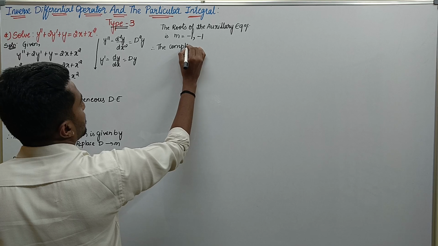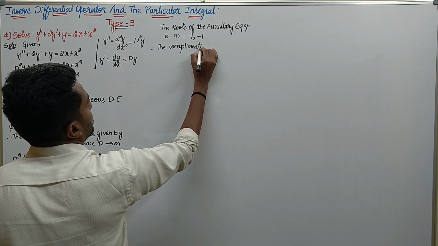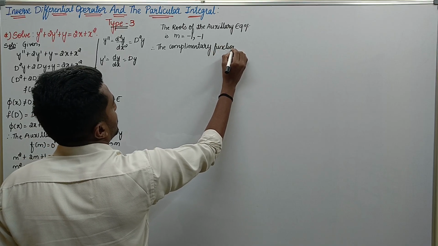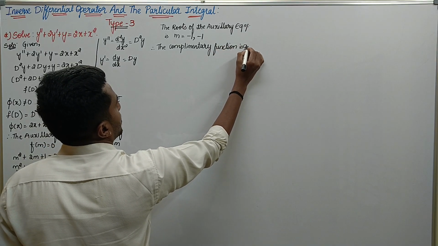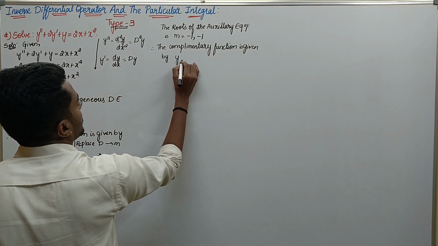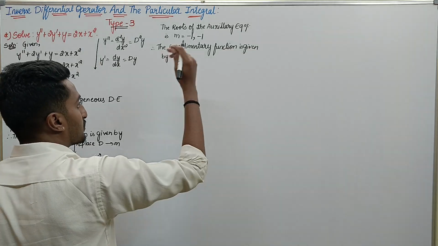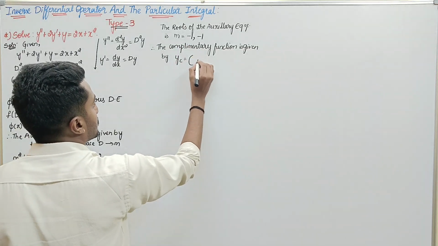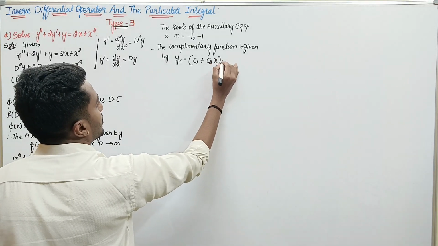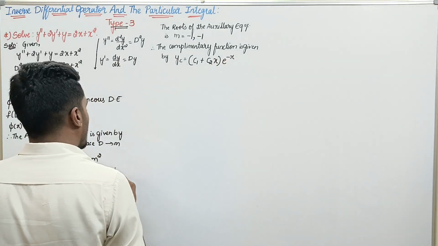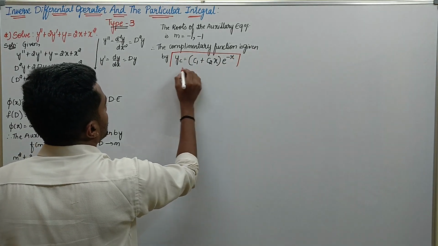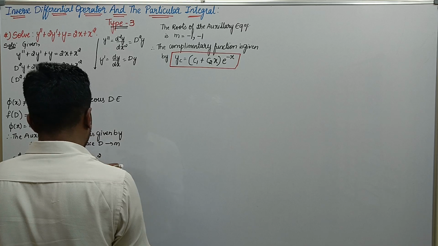Therefore, the complementary function is given by yc equal to, since we have repeated roots, we are supposed to represent it as c1 plus c2x, e to the power of minus x. This is our complementary function.